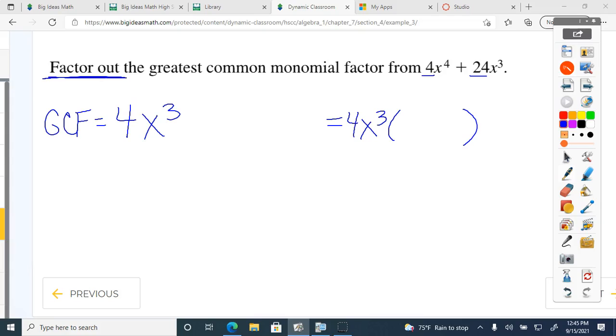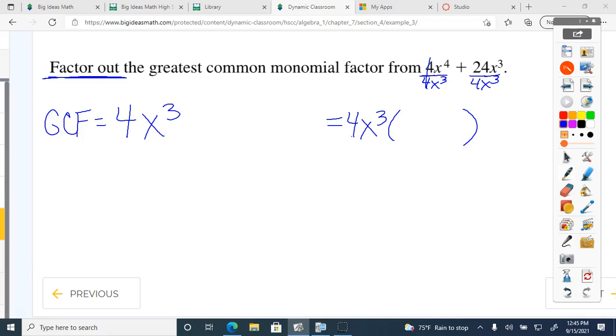So factoring is undoing the distributive property. So what do you think we're going to do? Divide. So I'm going to take what I took out, and divide this by 4x to the 3rd, and this by 4x to the 3rd. 4 divided by 4 is what? 1. So that cancels. X to the 4th over x to the 3rd.